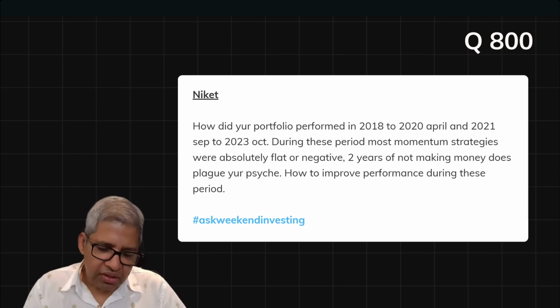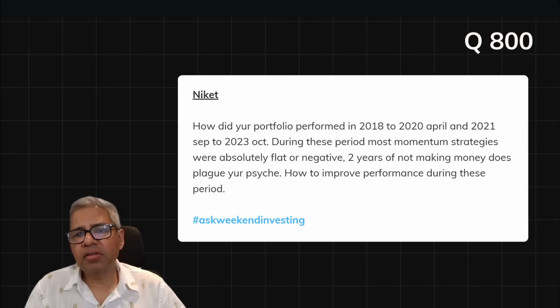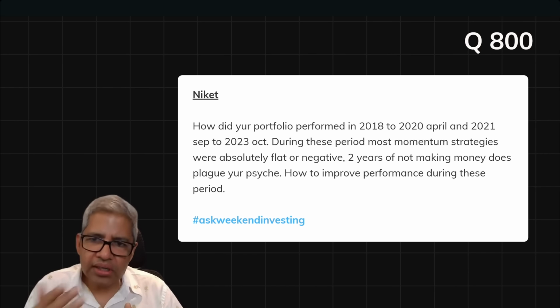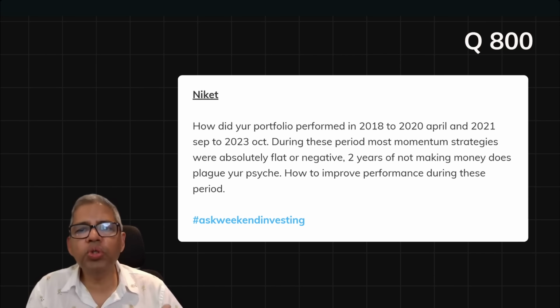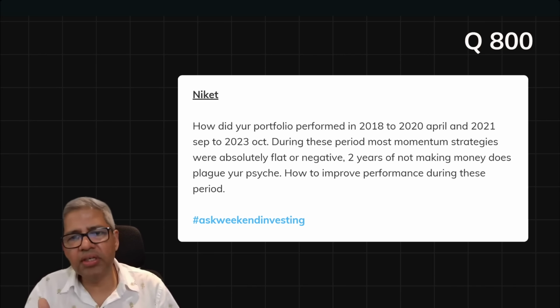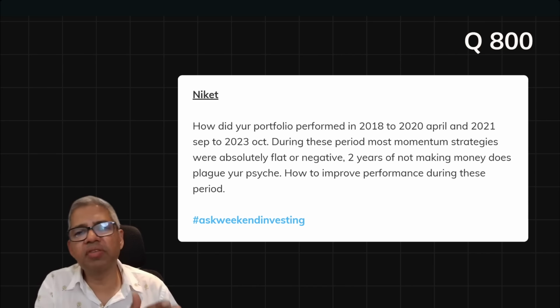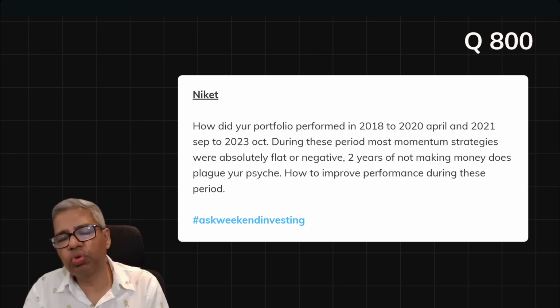I think the two things that I would like to say here is that start to think long term, because context needs to be there. What happened before 2018? You had a nice run of 3 years. You made significant money from 2015 to 2018. So 2 years of lull after that was not such a big deal.